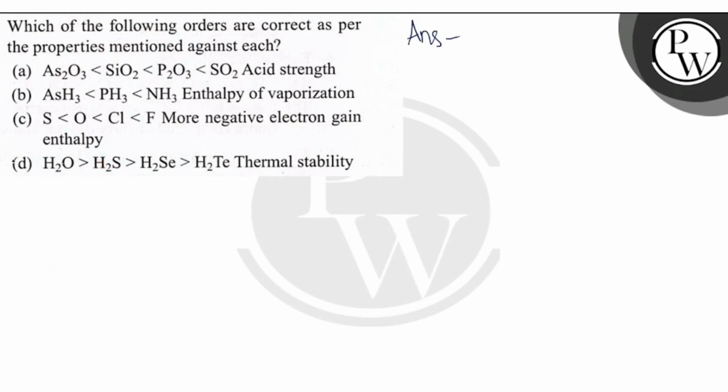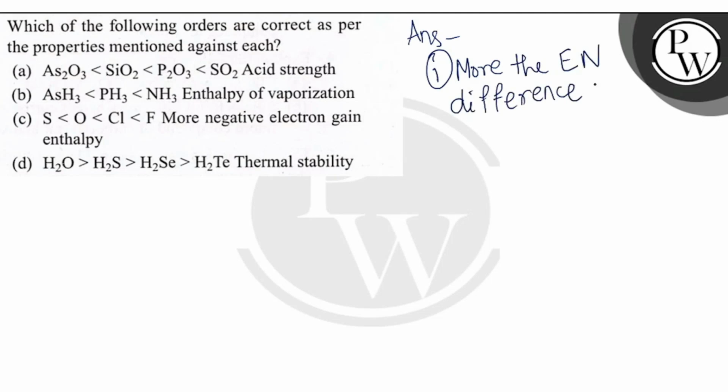First of all, if we look towards As2O3, P2O3, SO2, SiO2, here the more the electronegativity difference, the more will be the acidic character. So when electronegativity increases, the acidic character also increases.